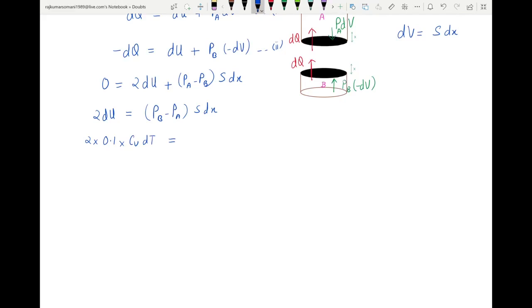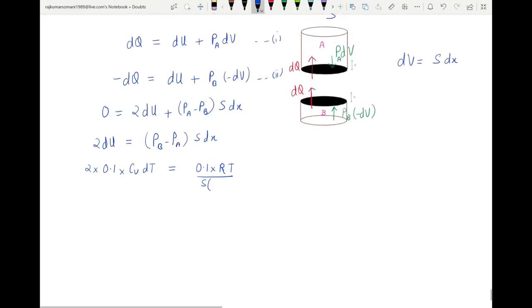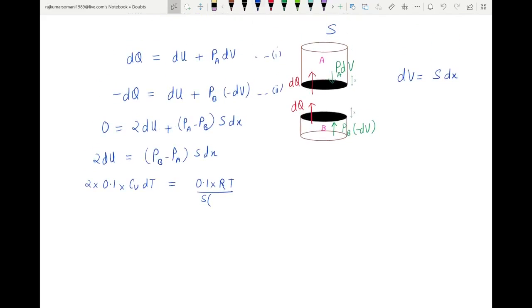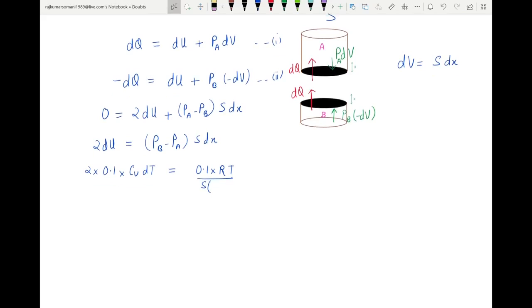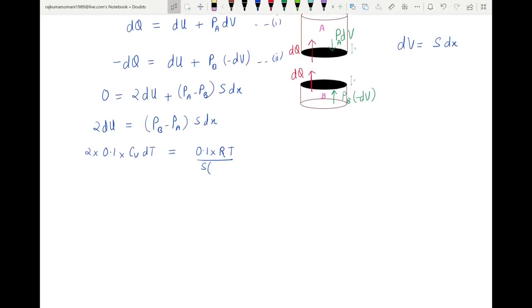PB will be number of moles into R into T divided by the volume, which is going to be surface area into the volume at this particular instant for chamber B, which is 4 minus x. 4 was the initial height of this chamber, and it has decreased by x because of the drop of this partition. So the height will be 4 minus x into surface area. This gives you volume. So nRT by V is the pressure PB.